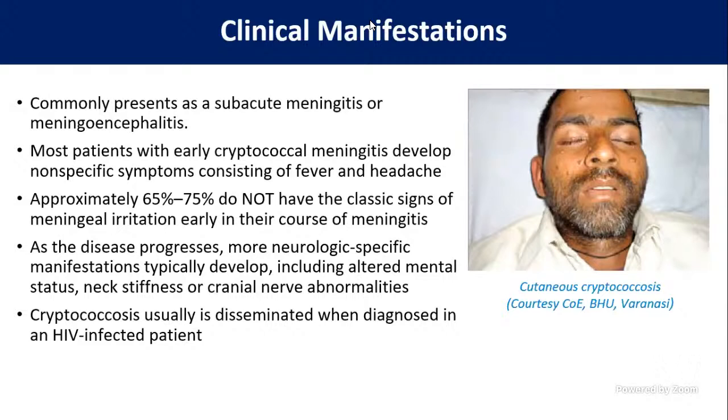In addition to cryptococcal meningitis, patients may have dissemination of cryptococcal disease, and it is very commonly seen that patients may also have a cutaneous form of cryptococcosis, as is seen in this gentleman on the slide, where you can see these nodular lesions all over the face.